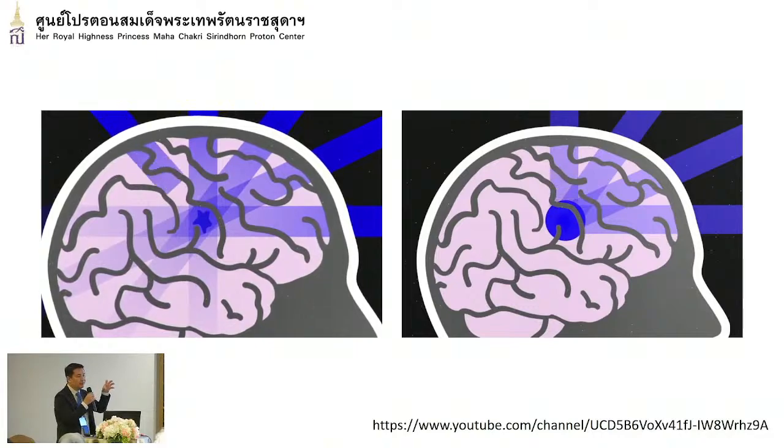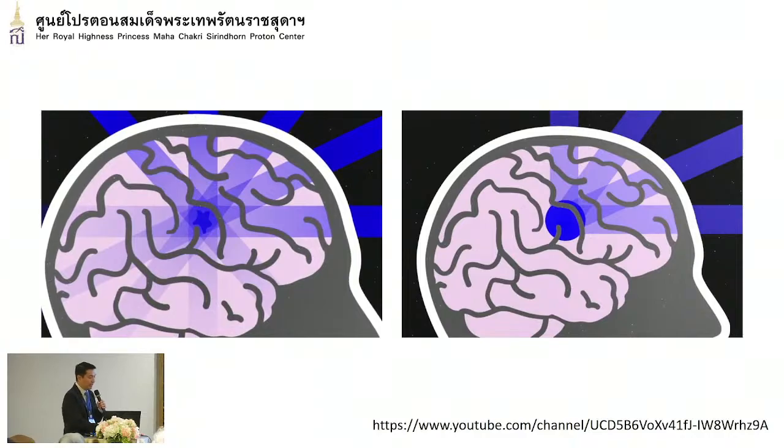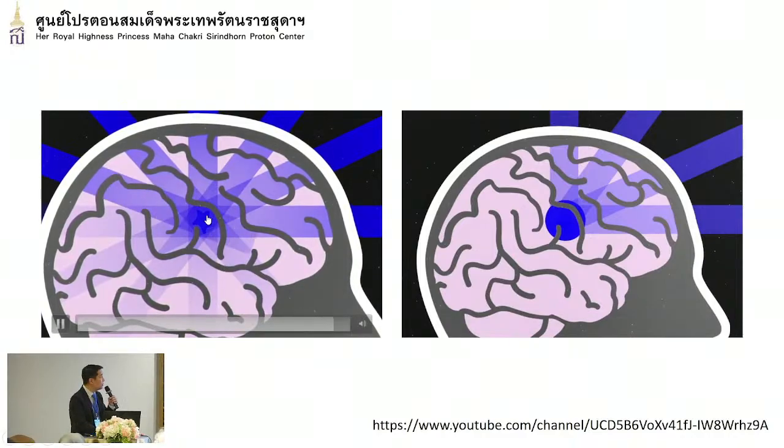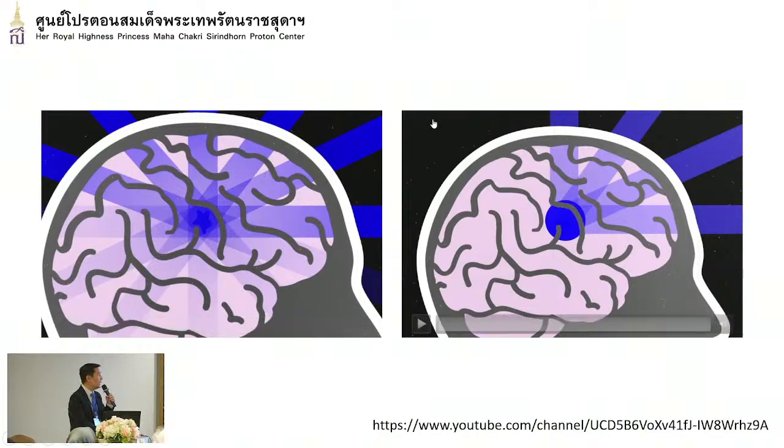We give the highest dose at the tissue, while spreading a low dose to many surrounding organs. But with the proton and the Bragg peak, we can spare almost all of the surrounding organs.